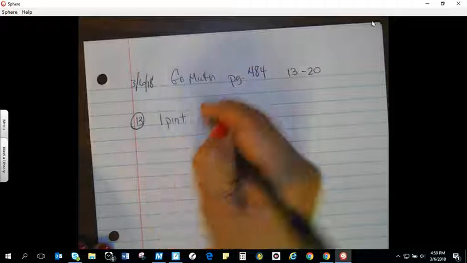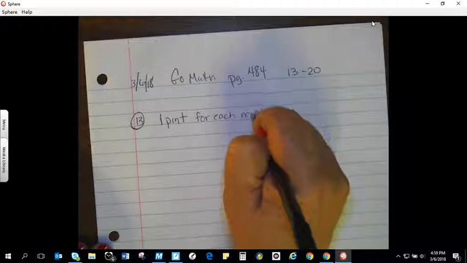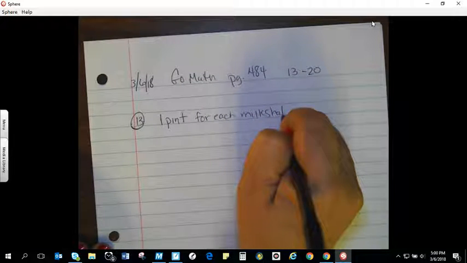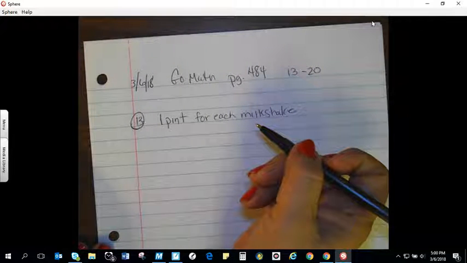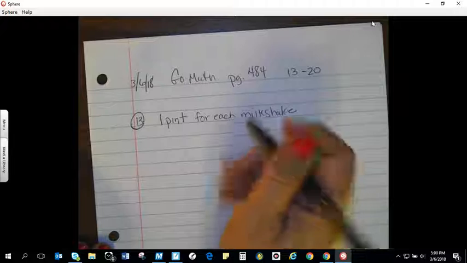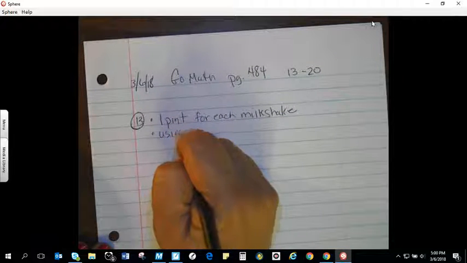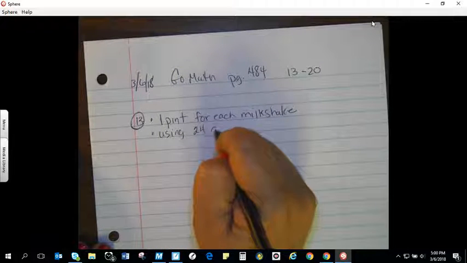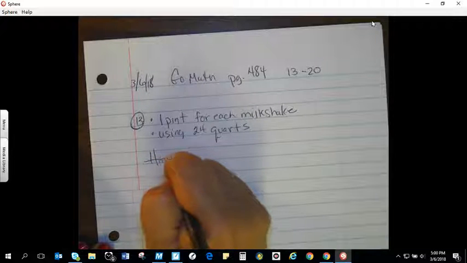Okay, so I know that I have 1 pint for each milkshake, and I'm using 24 quarts. Question is how many milkshakes can I make?